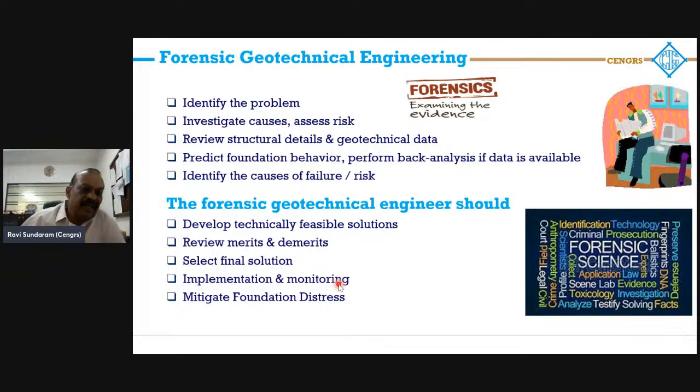Then identify the causes of failure or risk. Now, once you have identified the problem, you should be able to develop technically feasible solutions, review the merits and demerits of each solution, select the final one, implement it, monitor it, and thus mitigate foundation distress.